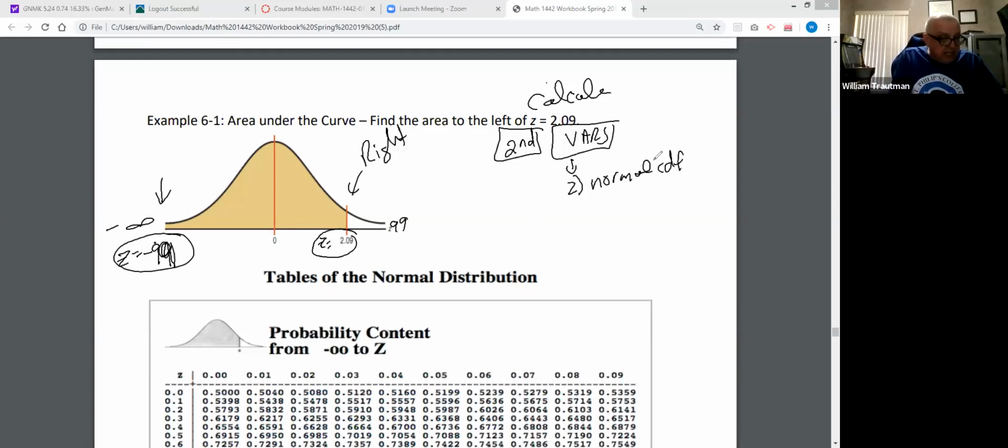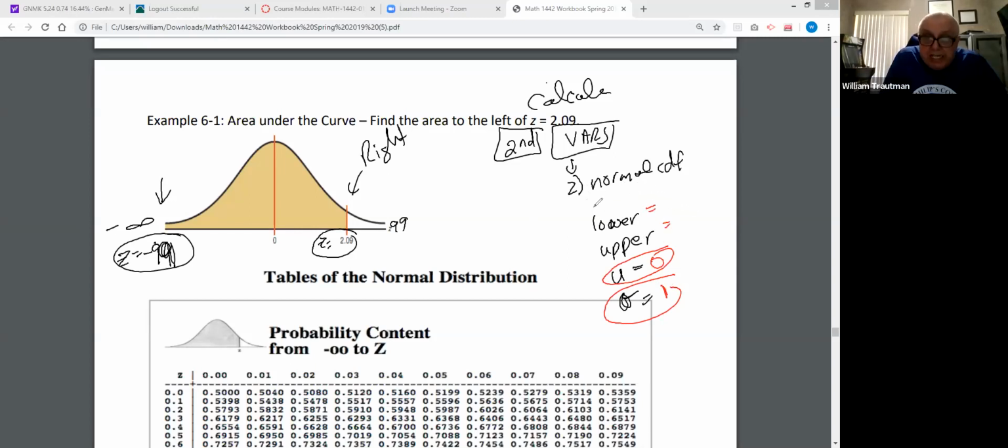And then I hit enter, and then it asks me the lower. Then it asks me the upper, and then it says the mean and the standard deviation. Mean always has to be 0. Standard deviation always has to be 1. So we just have to fill in these two parts.